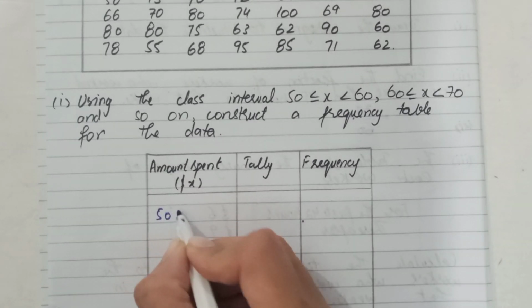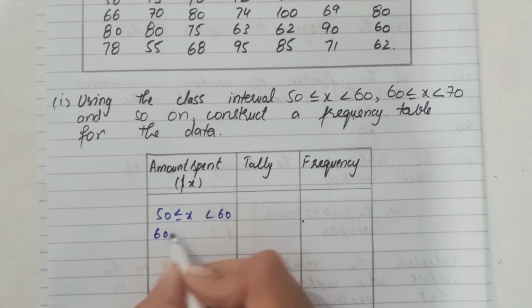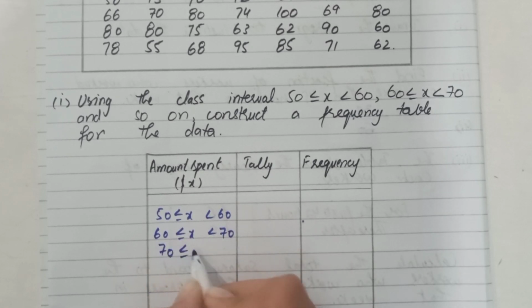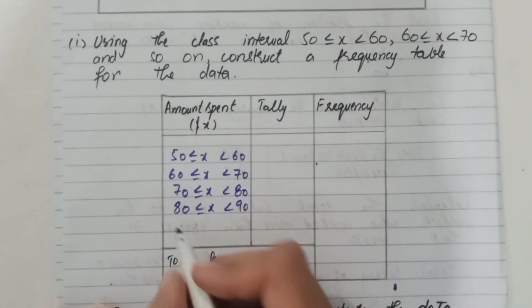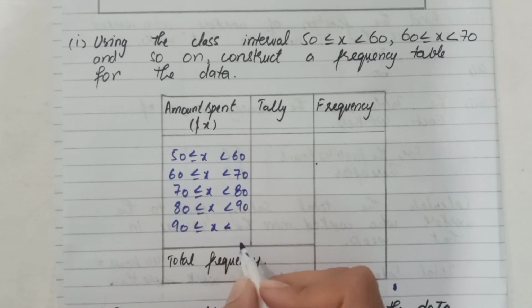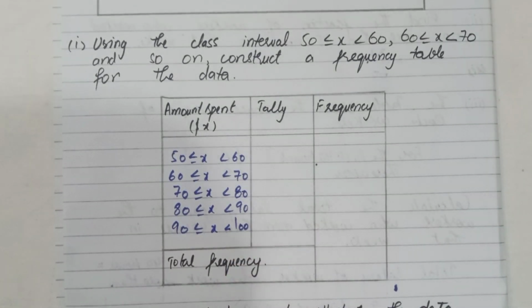It starts from 50 less than or equal to x less than 60, then 60 less than or equal to x less than 70, 70 less than or equal to x less than 80, 80 less than or equal to x less than 90, and 90 less than or equal to x less than 100. Yes students, this is the class interval.